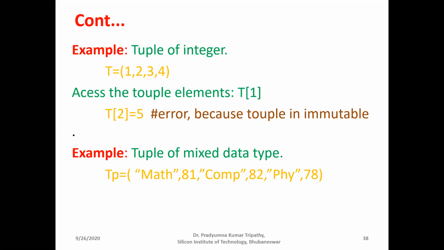Just look over here. If I try to change the value at one location, what you do in a list, you write t of 2 equals 5. Indexes 0, 1, 2, so I want to change this 3 to 5.